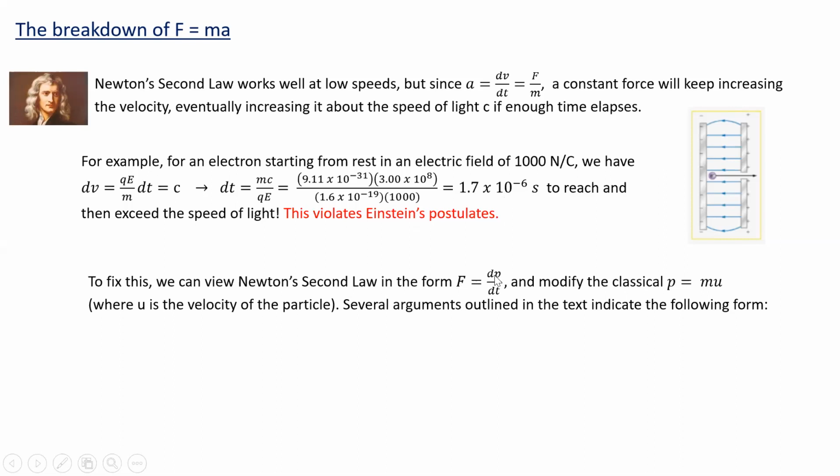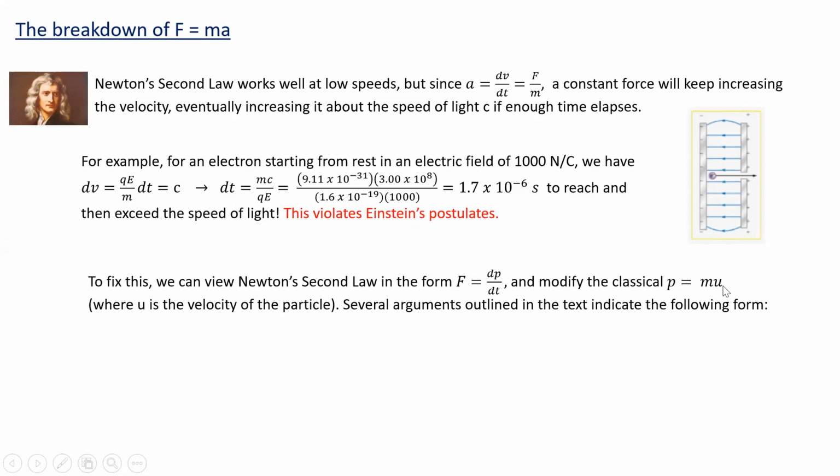If we plug in m times v here, and m is constant, we can pull out an m and we just get m dv/dt, or ma. But to fix this problem, we have to modify the classical expression for the momentum.